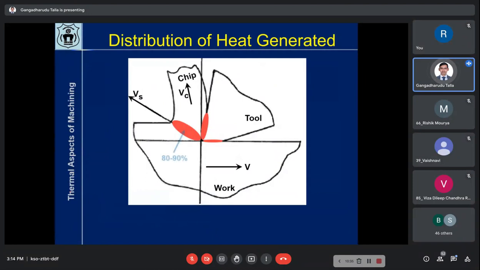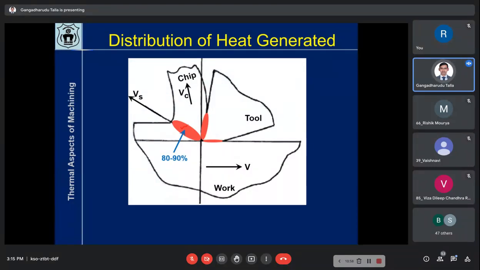Here we can see all these three zones. About 80 to 90% of the heat is generated in the primary zone only. Of the energy supplied, 98% is converted to heat.